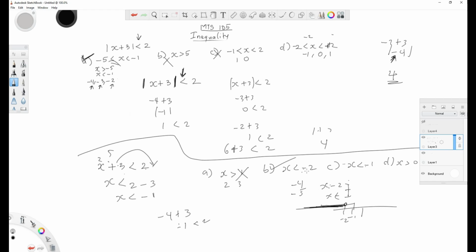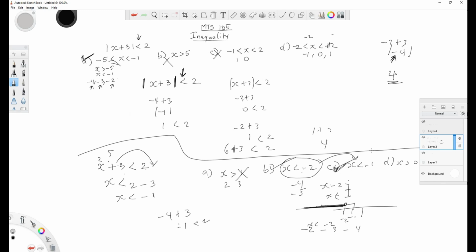If you pick any range of values here, you can find x less than minus 2 inside x less than minus 1, isn't it? Because it goes like minus 2, minus 3, minus 4, and so on. You can find x less than minus 2 even inside x less than minus 1. So the answer is definitely x less than minus 1.